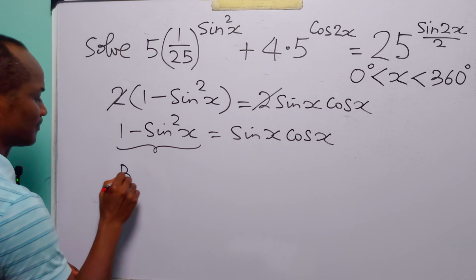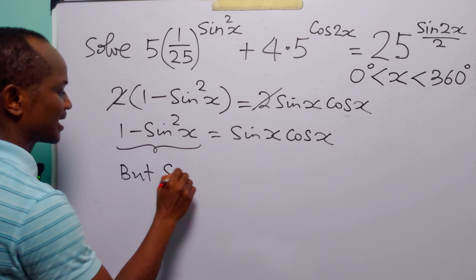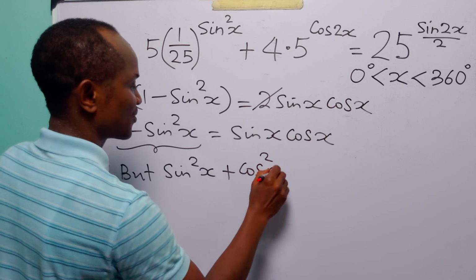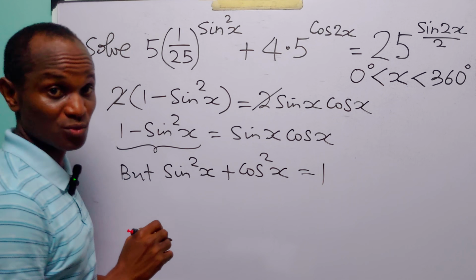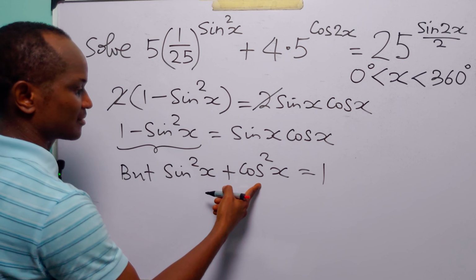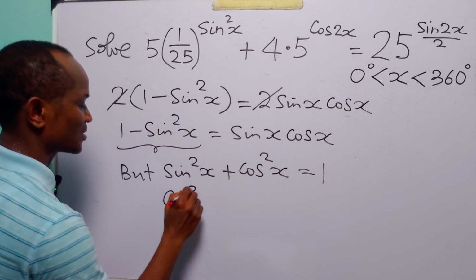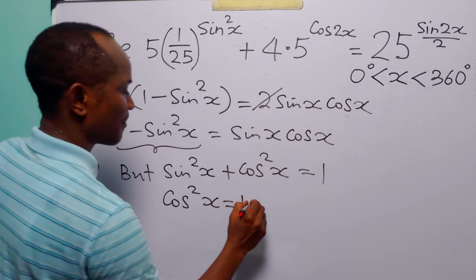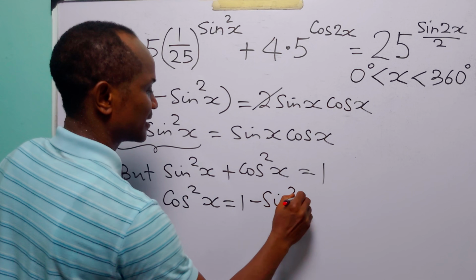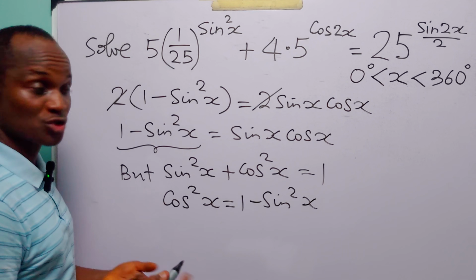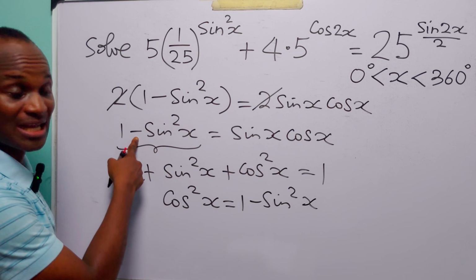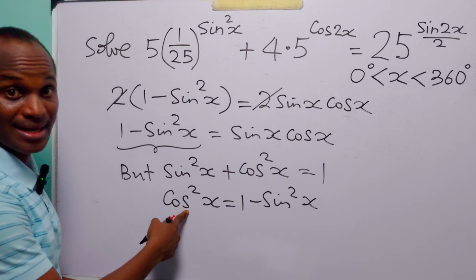Now let us look at this left-hand side. Remember that sin squared x plus cos squared x is equal to 1. That means that cos squared x is equal to 1 minus sin squared x. So we can replace 1 minus sin squared x on this left hand side with cos squared x.